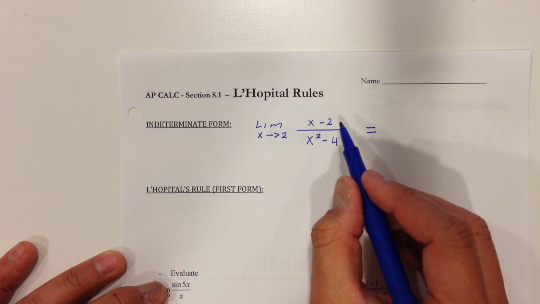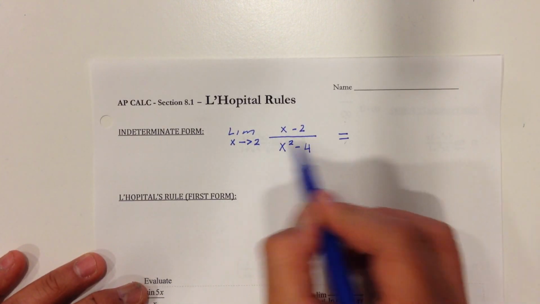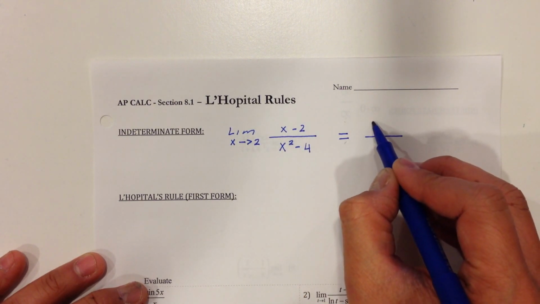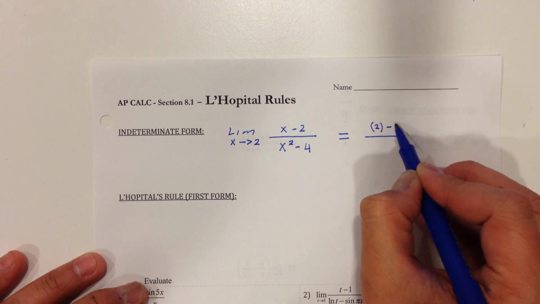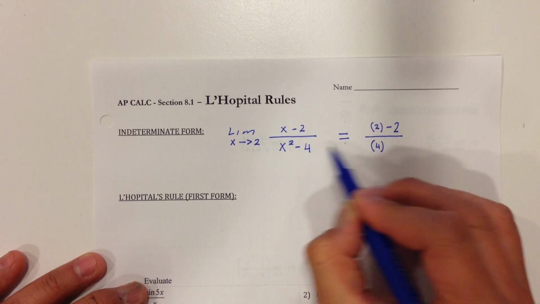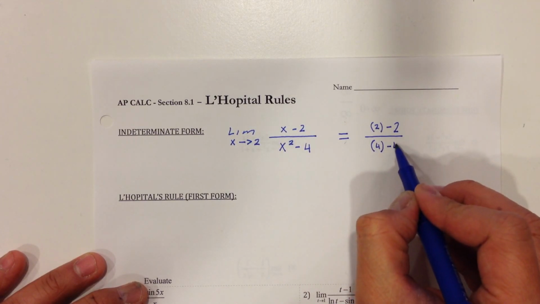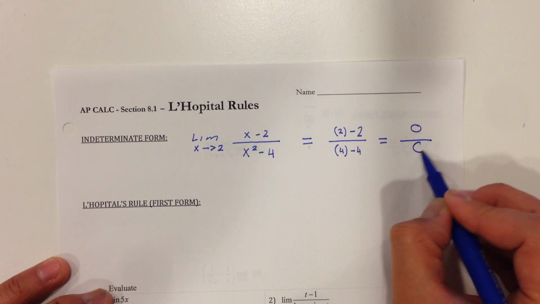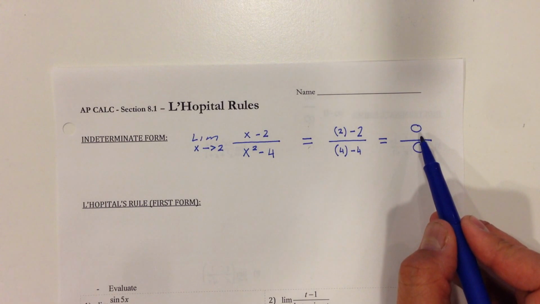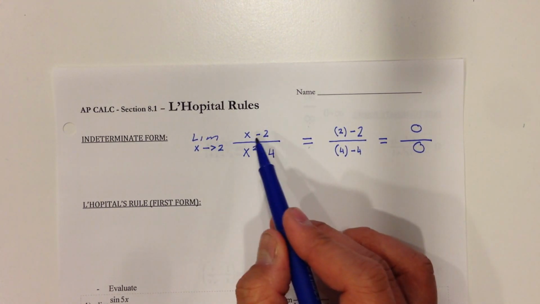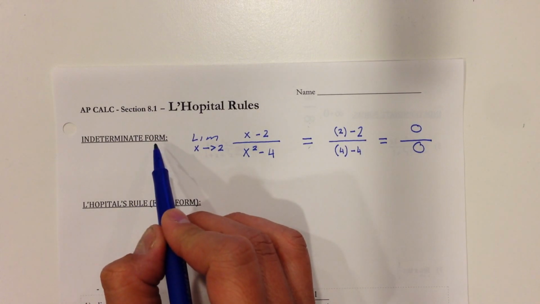If I were to evaluate this limit using direct substitution, I would replace x in the numerator with 2, and in the denominator I would replace x with 2 and square, which gives 4. And so direct substitution yields 0 over 0. If this happens, we consider this problem to satisfy indeterminate form.